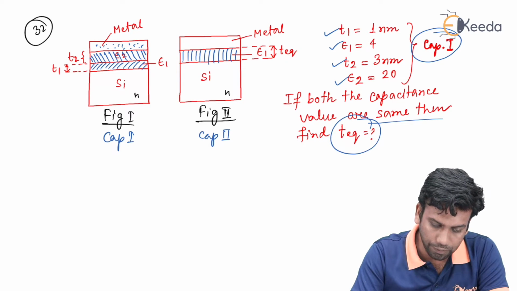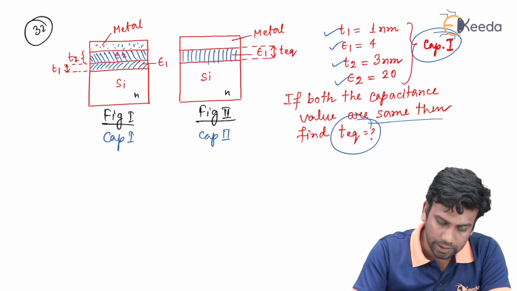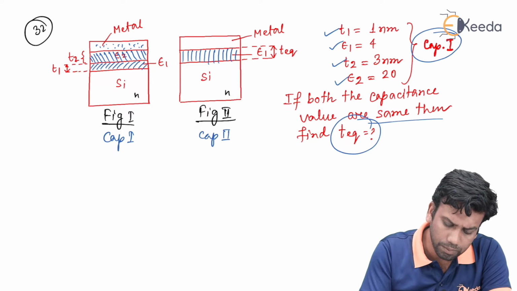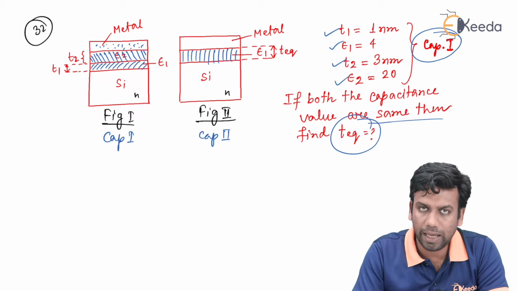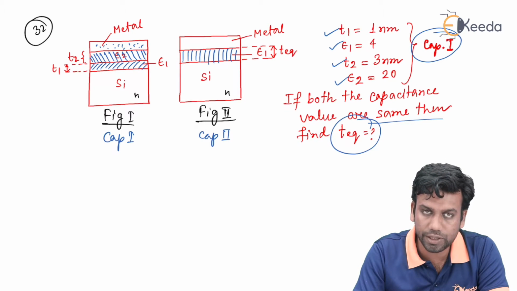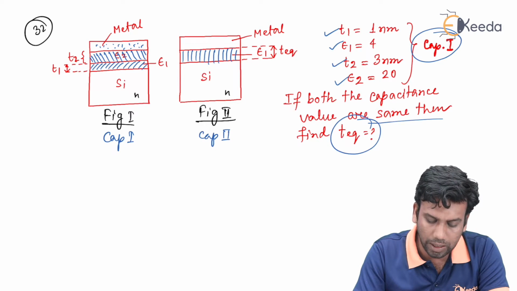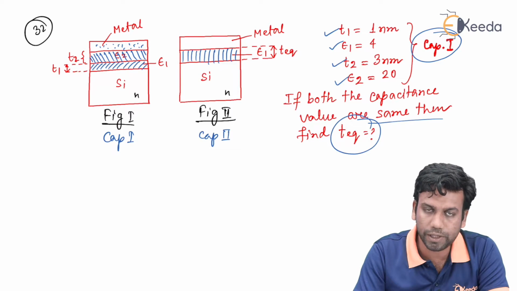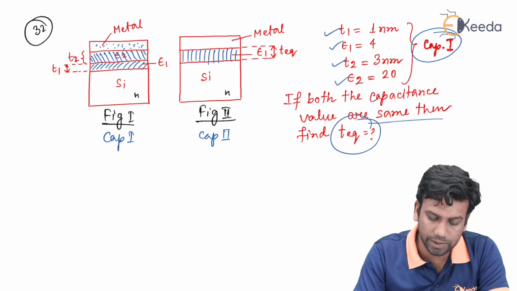From figure 1 we can write that both dielectrics will produce capacitance in capacitor 1. The capacitances produced by the dielectrics of epsilon 1 and epsilon 2 will be in series.